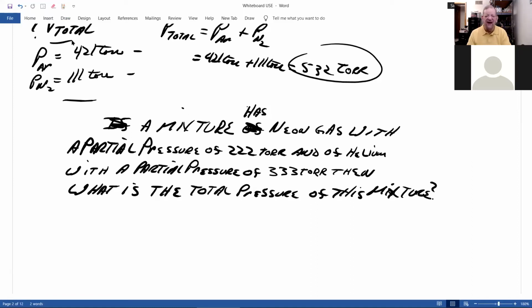A mixture has neon gas with a partial pressure of 222 torr and helium with a partial pressure of 333 torr. Then what is the total pressure of this mixture?